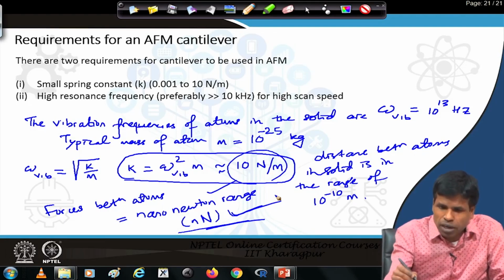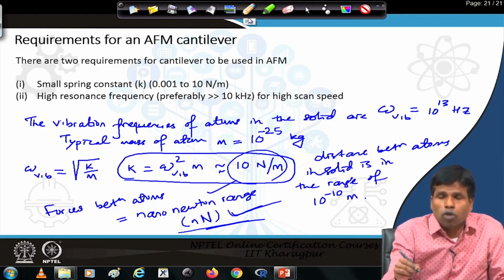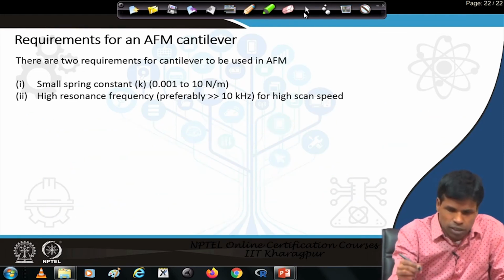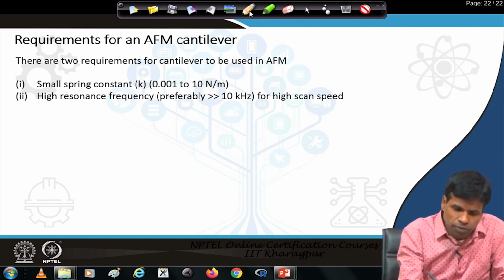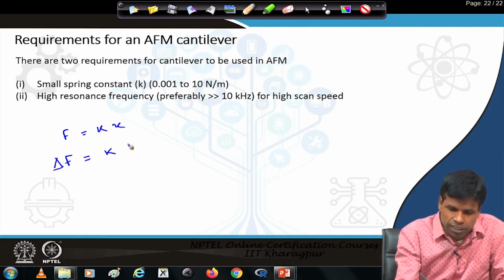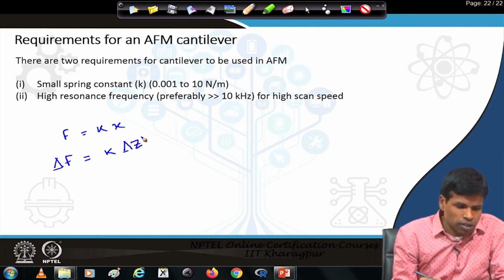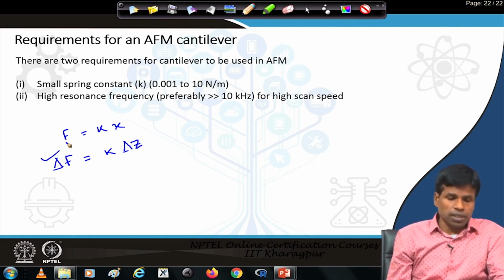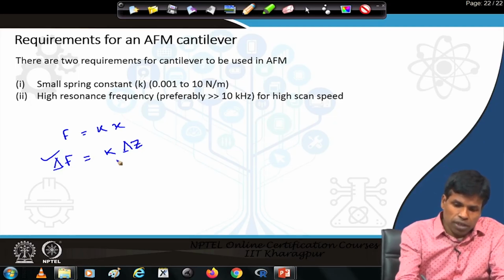In order to have good force sensitivity, we know the simple Hooke's law formula, F is equal to k x, where we can write delta F is equal to k times x, and x is our deflection, delta z.